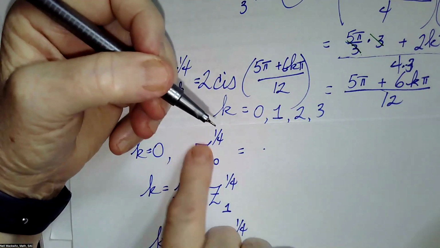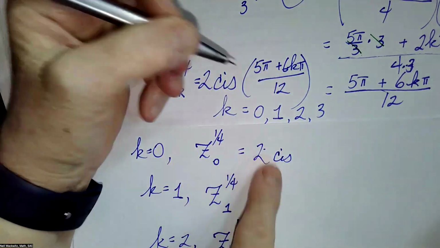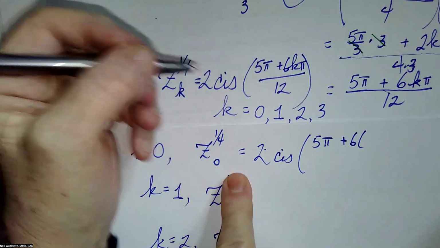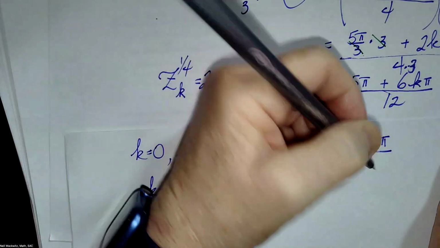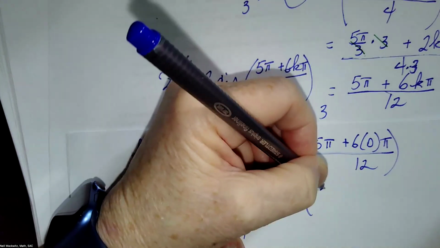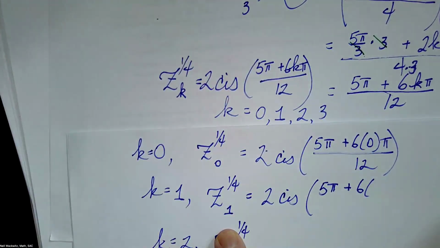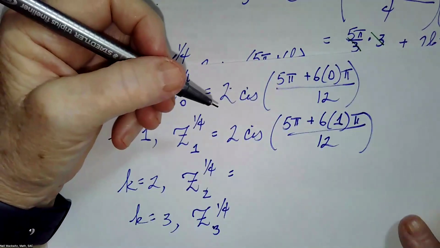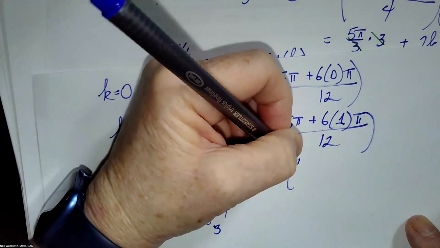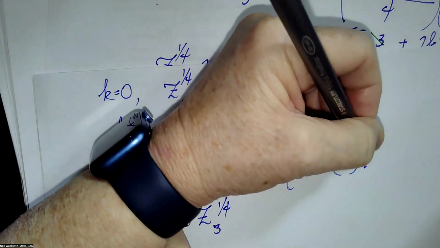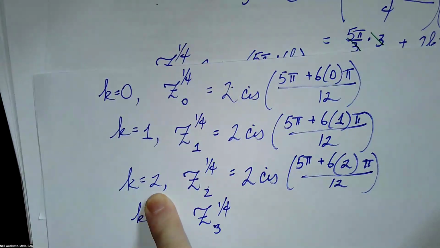So we've got 2 cis (5 pi plus 6 times 0) pi over 12. 2 cis (5 pi plus 6 times 1) pi over 12, since k is 1. 2 cis 5 pi, now k is 2, so 6 times 2 pi over 12.